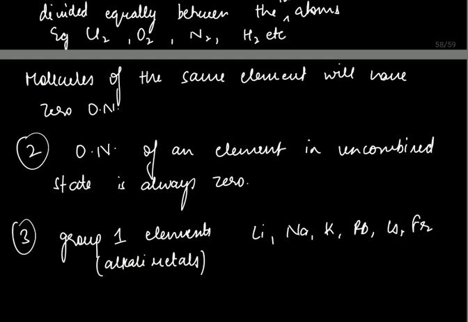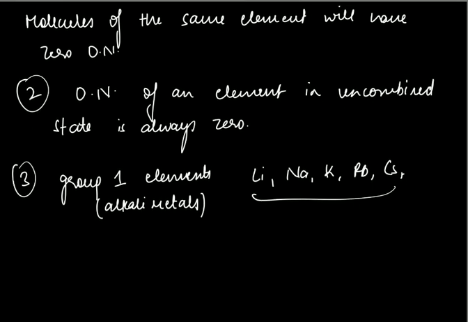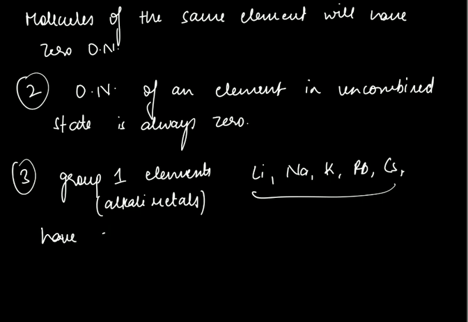Francium I'm not considering because it's a radioactive element. Radioactivity we can discuss in a separate video. All these group 1 elements have +1 oxidation number in the combined state. They are not going to have anything else but always +1.